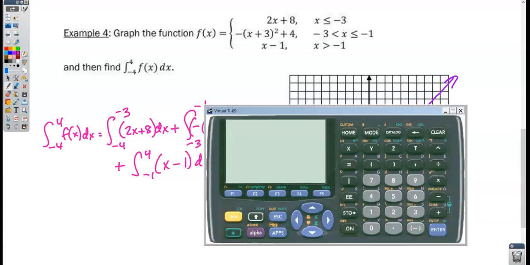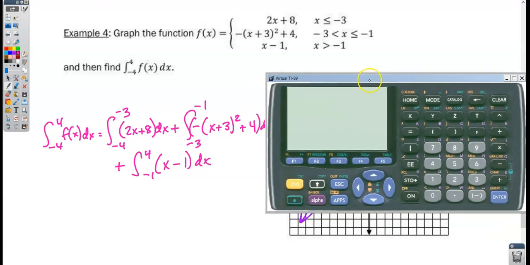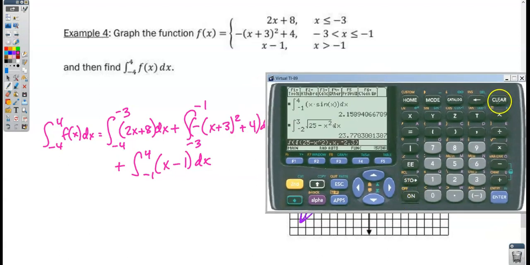So really, all I need to do now is break out my calculator and calculate the values of these integrals.